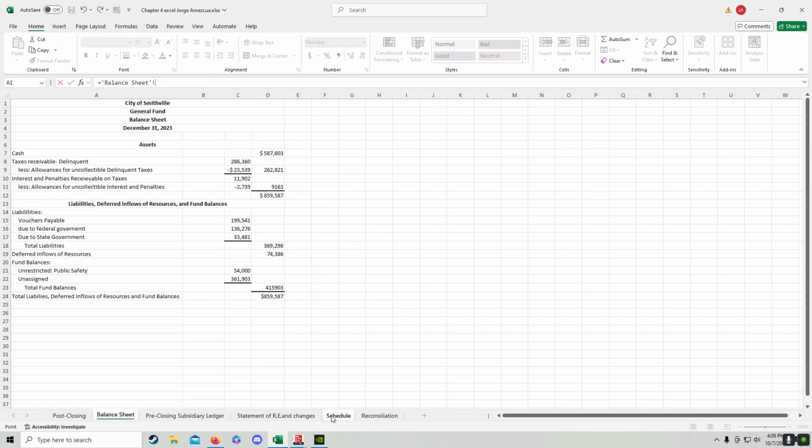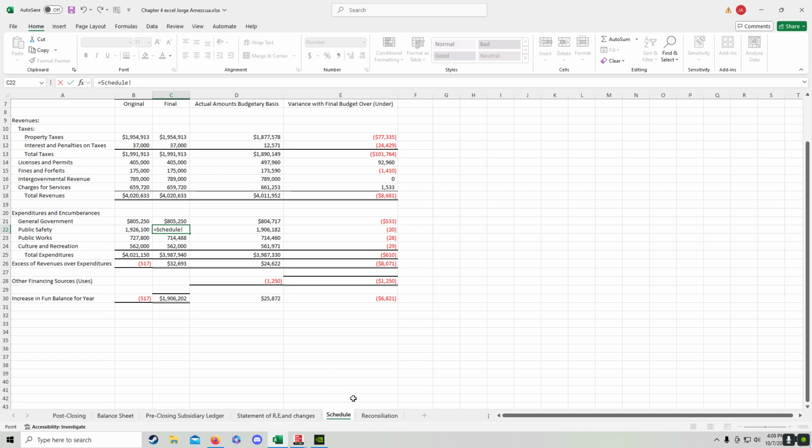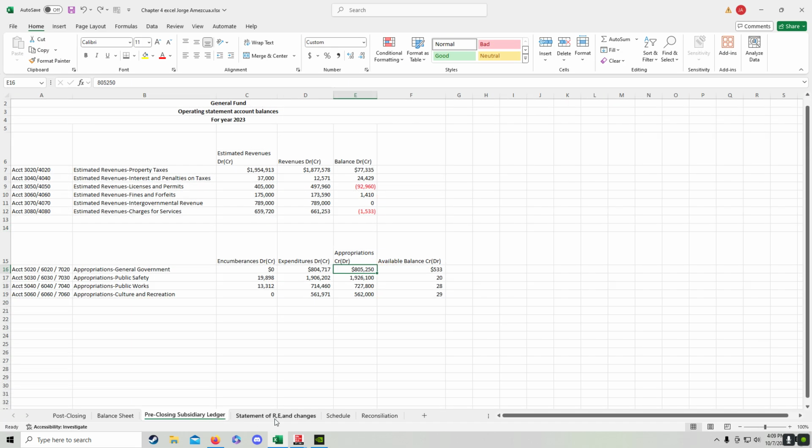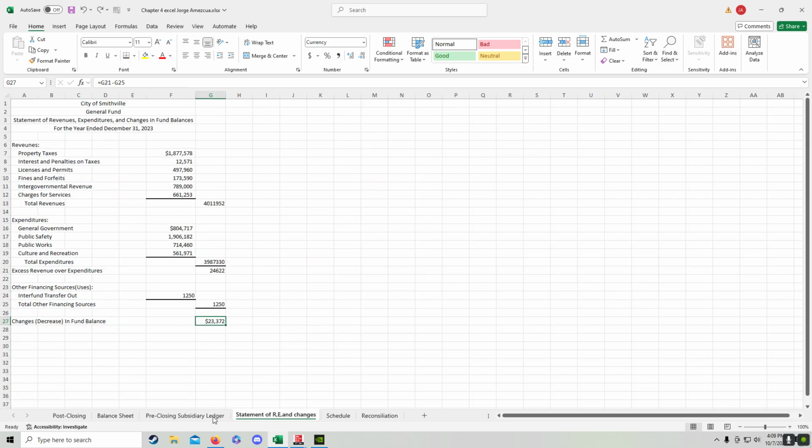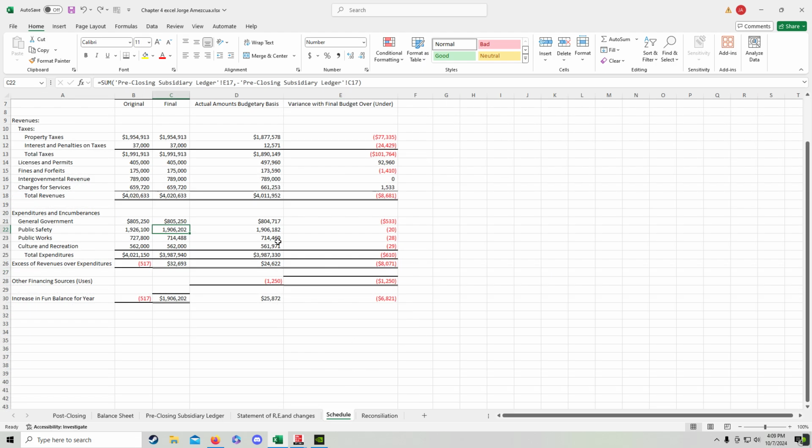And it correlated to, let's see, pardon me, this, let me recall. So I got these various formulas from using the pre-closing subsidiary ledger.